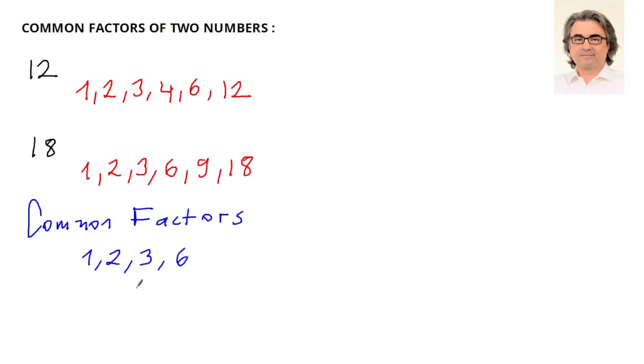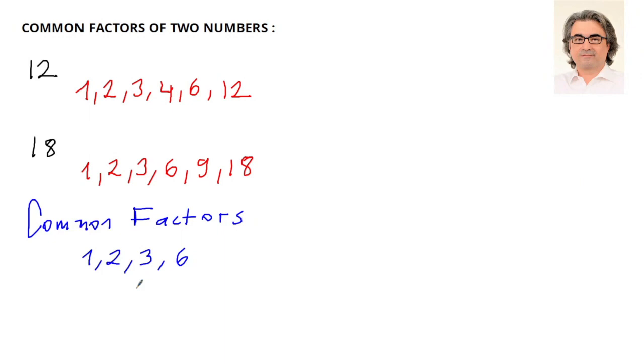Now, in this example, 12 and 18 are small numbers, and to find the common factors, we didn't lose time. We found easily because numbers are small.